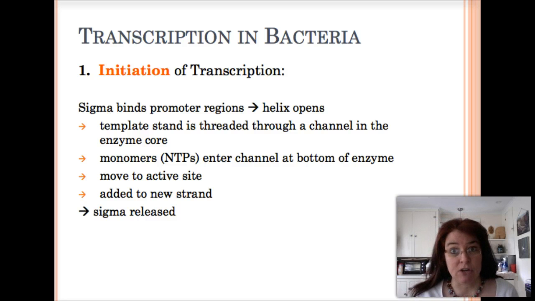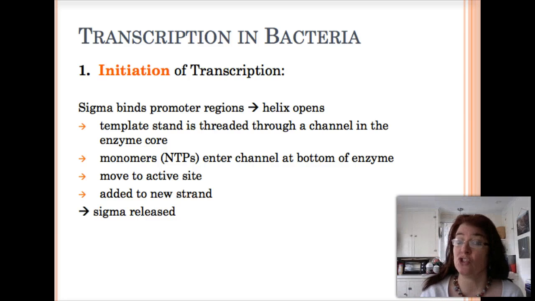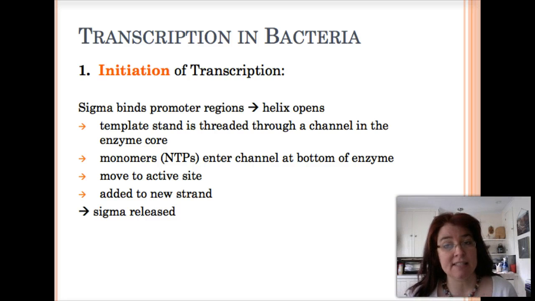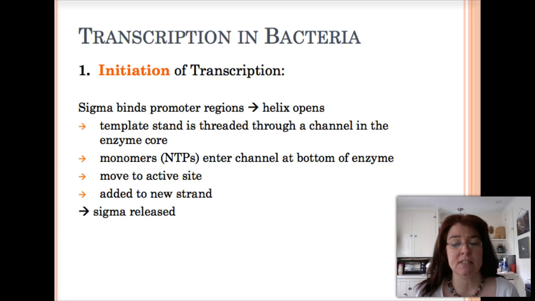The template strand, the strand that's going to be used to produce the mRNA, is going to be threaded into one of those channels in the core part of RNA polymerase. Into another channel will start to stream our active monomers, our NTPs, nucleoside triphosphates.